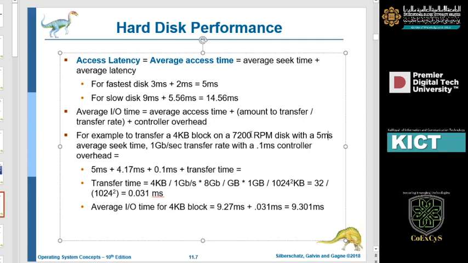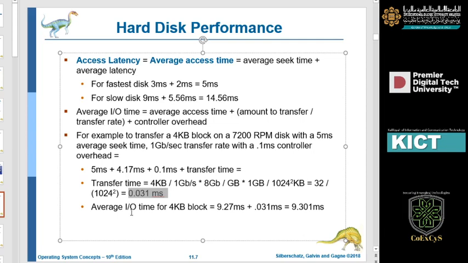So you can calculate 7,200 rpm, plus the transfer time. The transfer time for 4 kilobyte divided by 1 gigabyte per second, you can calculate that and it will give you 0.031.